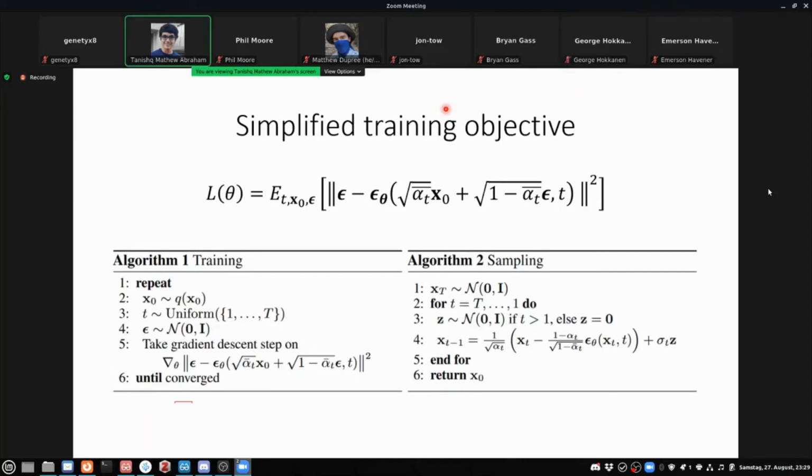It's like a denoising autoencoder. It's just a denoising algorithm. It's an image restoration network that's specialized in Gaussian noise.